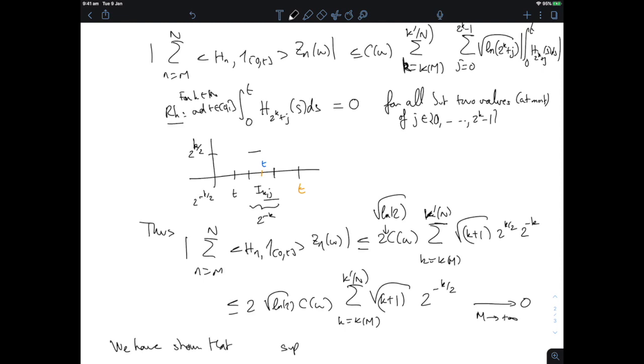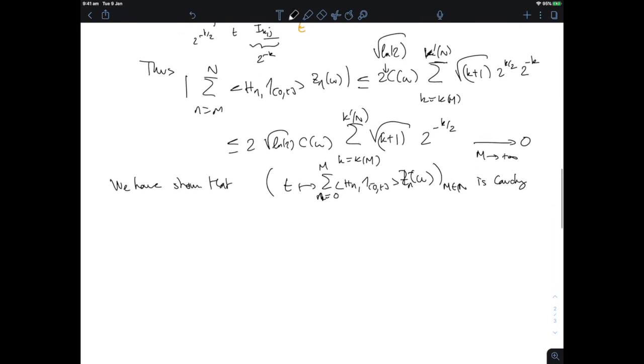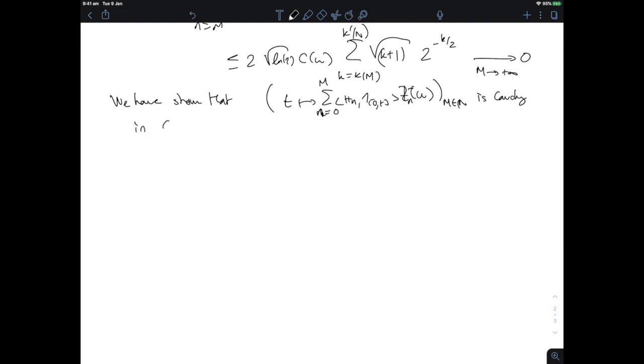that the supremum over all t in [0,1] of the sum from n equals 0 to capital M of Hn integrated from 0 to t, so this sequence of functions indexed by the parameter M, is Cauchy in the space of continuous functions, and it's uniformly Cauchy.